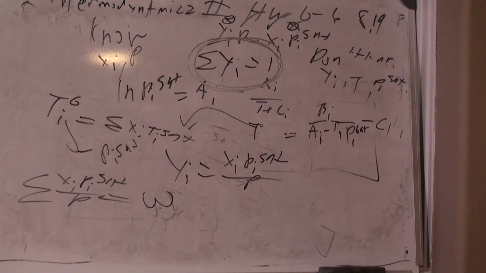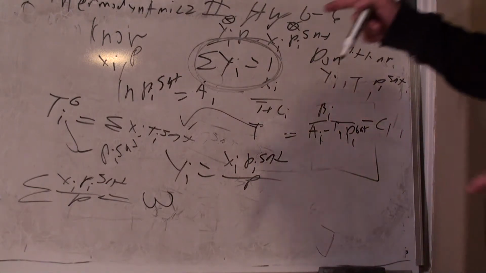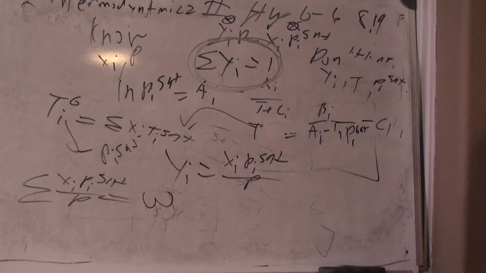But what I can do is I can use a weighting factor. I can say, okay, that equals some fudge factor. That should be 1. When I'm all said and done, it will equal 1, but right now it's a fudge factor of omega. And so when it's all said and done, that will equal 1. But right now it's not equal to 1, and it will fudge something. And I already talked about what do I want to fudge.